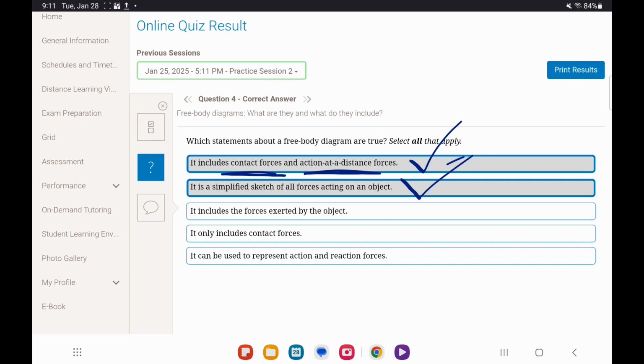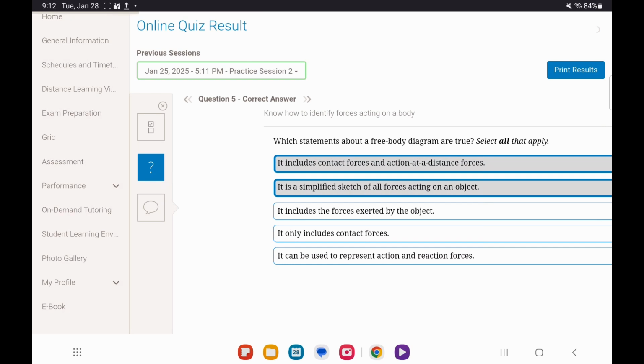It includes forces exerted by the object? No, it doesn't. It only includes forces exerted on the object. It only includes contact forces? No, it includes contact forces and action at a distance, so that's wrong. It can be used to represent action and reaction forces? No, it can only be used to represent all forces, not action and reaction.